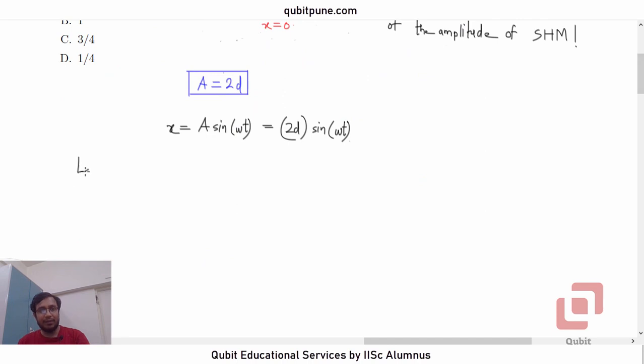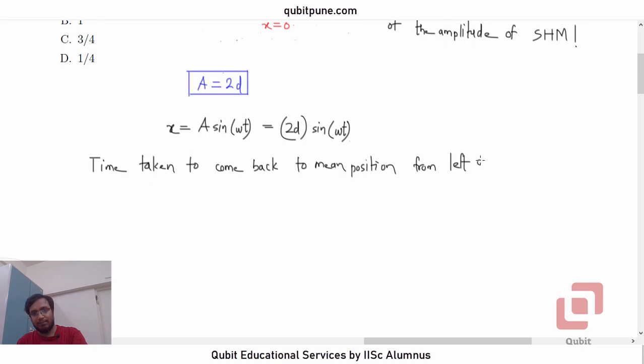Let's call it leftward movement, or the time taken to come back to the mean position from the left side. So it means it is going leftwards, traveling a distance 2d and again coming back. This time has to be equal to t by 2.